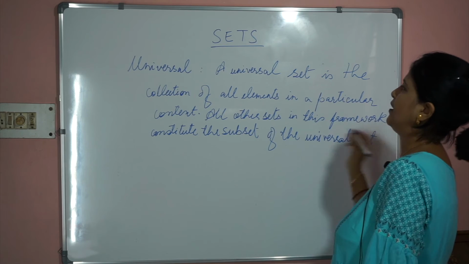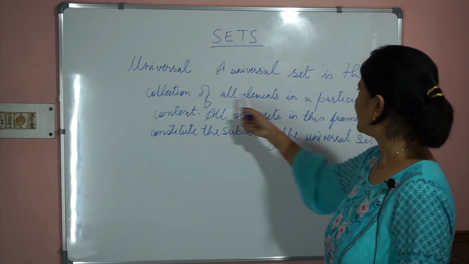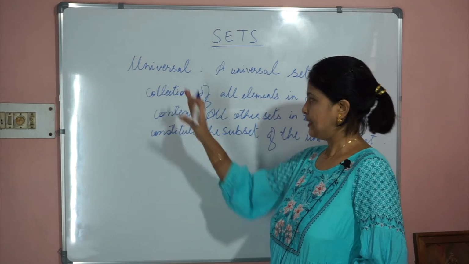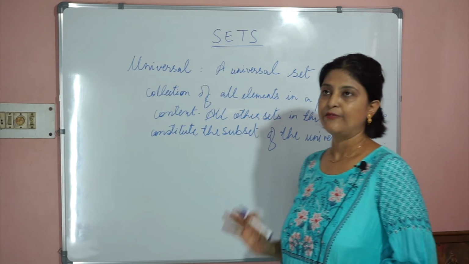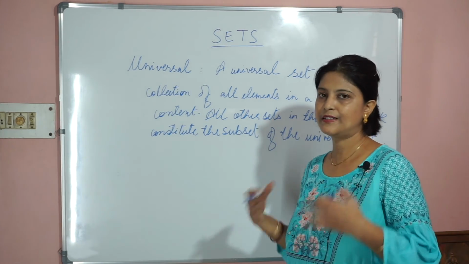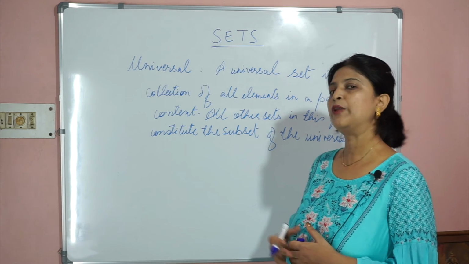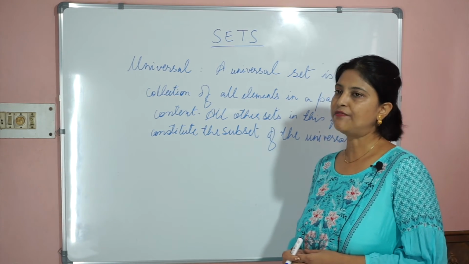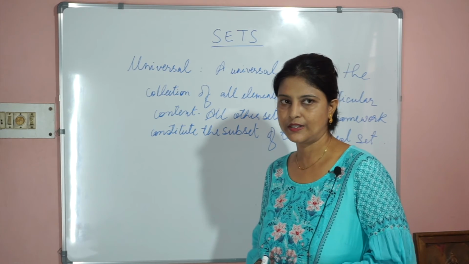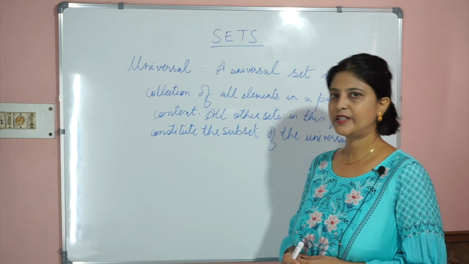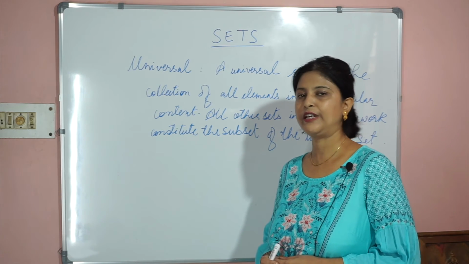So a universal set is the collection of all elements in a particular context. That means this particular set will be the largest of all sets, and any other set we talk about will always be a subset of the universal set. If I talk of whole numbers in a number system, then the universal set may be represented as the set of all real numbers.